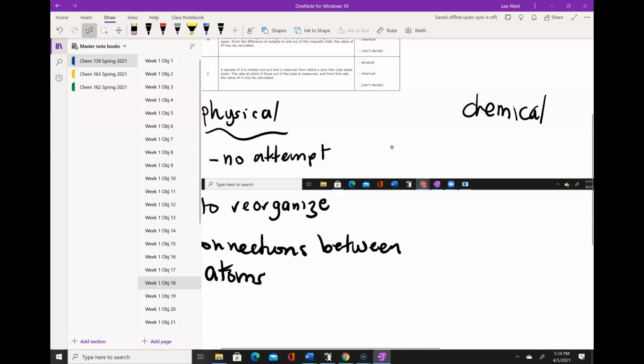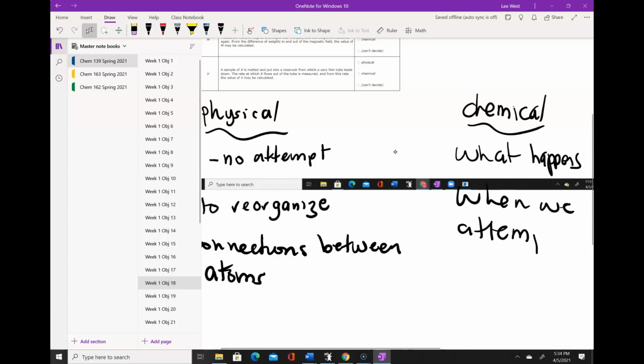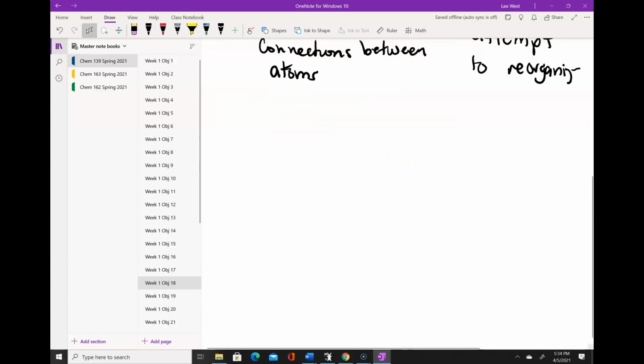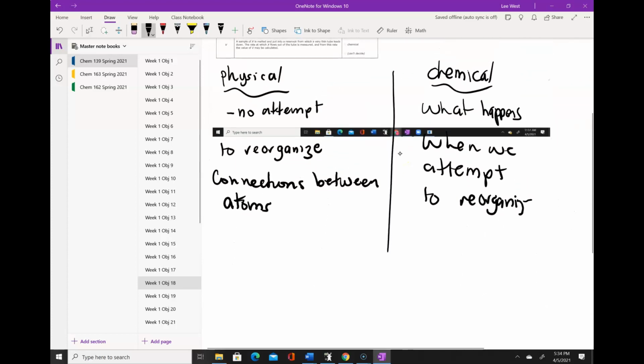Chemical properties are what happens when we attempt to reorganize connections between atoms. So a good example could be setting fire to something.